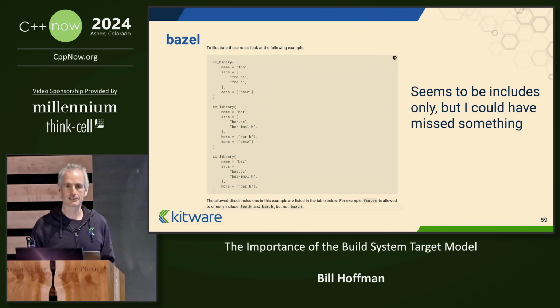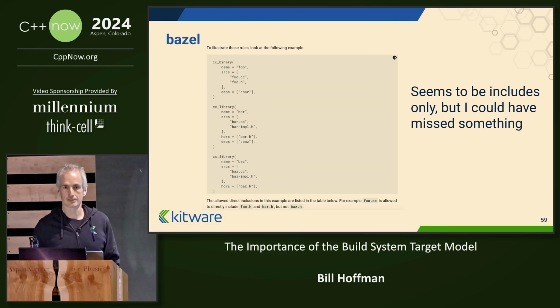I think that's accurate. I use Buck at Facebook, which looks similar, and yeah, we also have the same limitations. You can put compiler flags onto a target, which applies only to that target, and there's no way to make it apply to transitive dependencies or the things that depend on it.